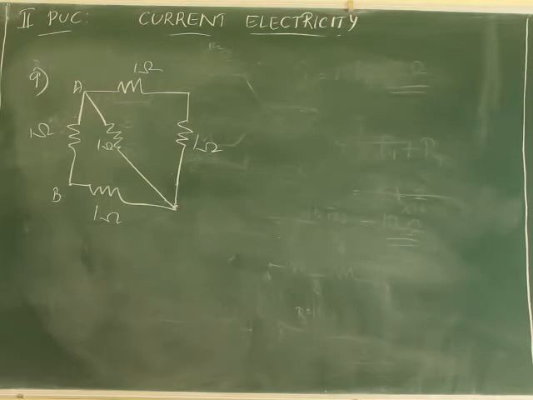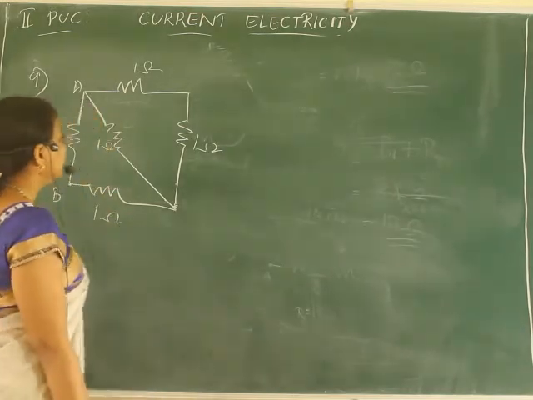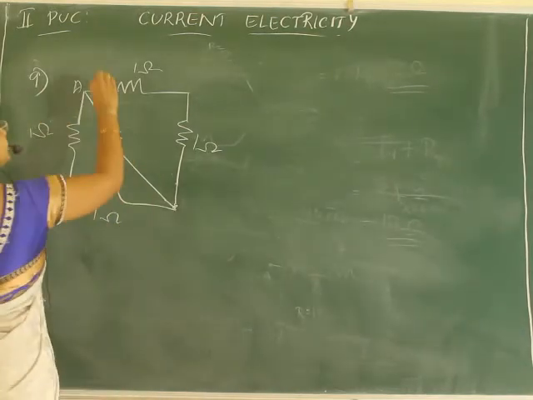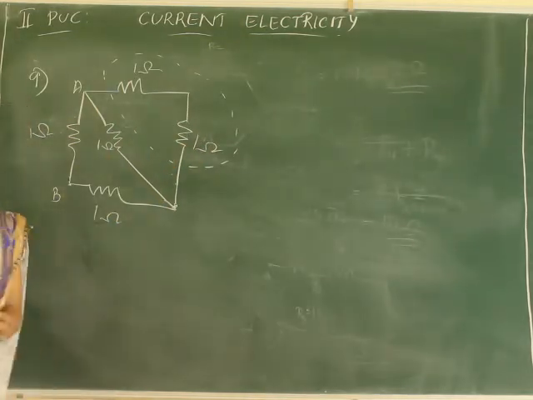Find the resistance between A and B of the following, after connecting all this. How to find the equivalent resistance? See here, these two are connected in series. Am I right?